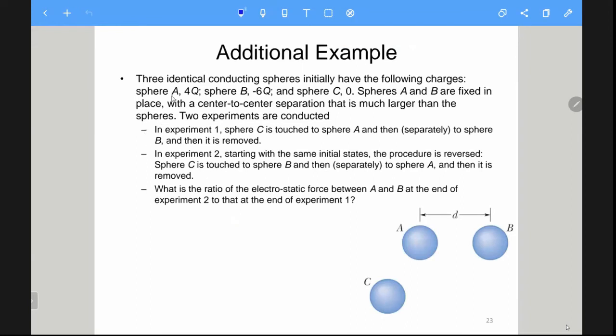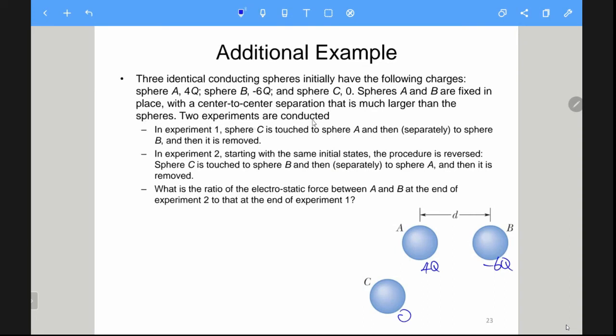Here, three identical conducting spheres initially have the following charges: sphere A 4Q, sphere B minus 6Q, and sphere C 0. Spheres A and B are fixed in place with a center-to-center separation much larger than the sphere size.